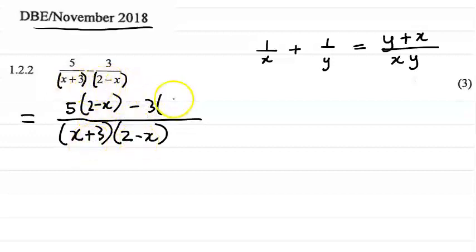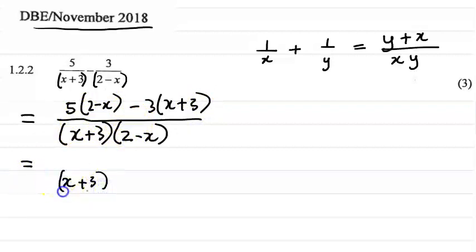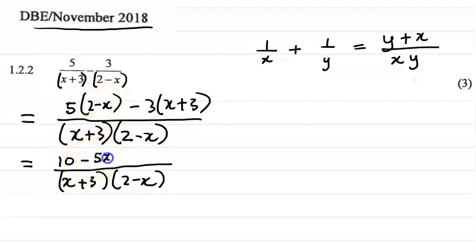So what I'm going to multiply by here, which is now going to be 3 into x plus 3, which is now equal to, let's open the brackets in the numerator. Remember that I'll only simplify my numerator. So I'm left with x plus 3. So don't simplify your denominator. 2 minus x there in the bottom. So 5 times 2 is 10. 5 times minus x is minus 5x.